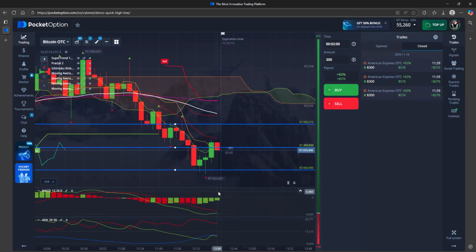So here's that word again, patience. Here's that other word, discipline. If I'm going to take a buy, where's the smart money?